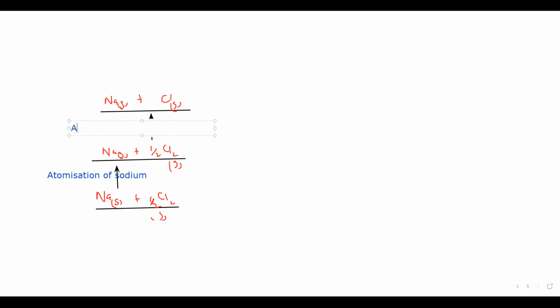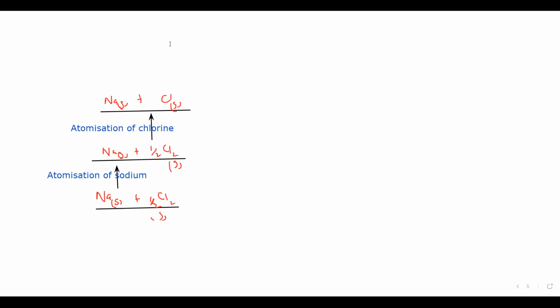The second step is atomization of chlorine. Because in the first stage we atomized only sodium, and in the second stage we atomize chlorine. The term atomize means we produce 1 mole of a neutral gaseous atom. We call that atomization.